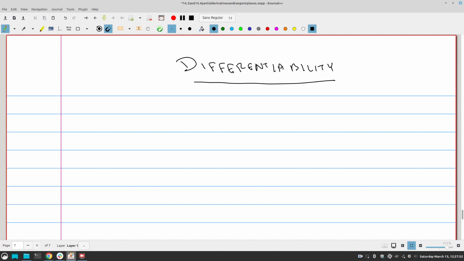If y equals f(x), then the increment in y, delta y, at a is given by f(a plus delta x) minus f(a), right?